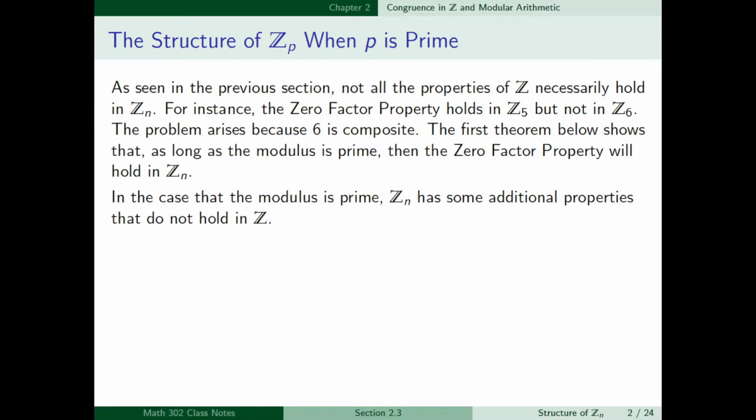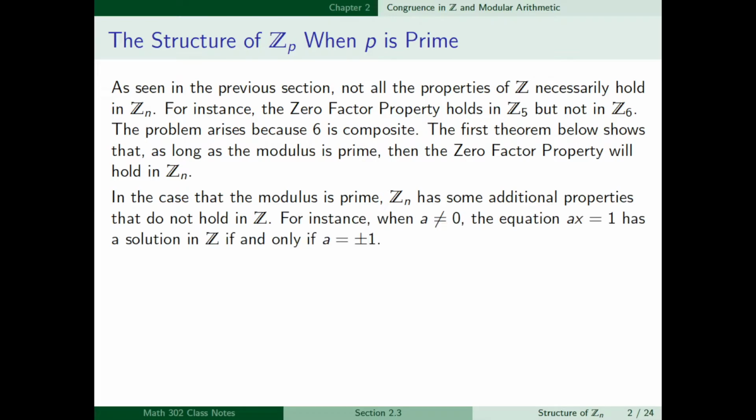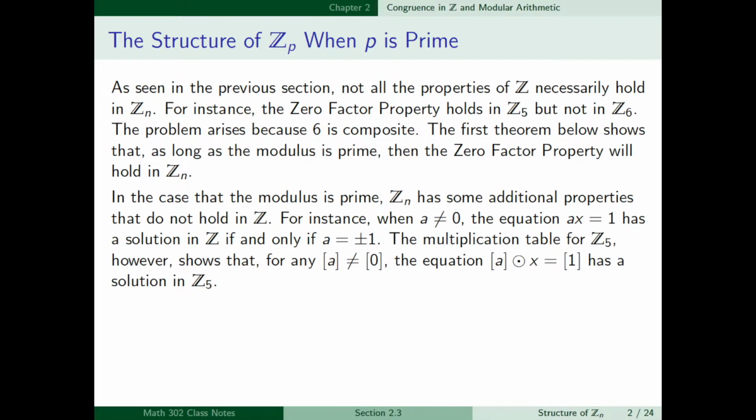In the case that the modulus is prime, Z sub n has some additional properties that do not hold even in Z. For instance, when a is not equal to 0, the equation ax = 1 has a solution in Z if and only if a is plus or minus 1. The multiplication table for Z sub 5, however, shows that for any class of a not equal to the 0 class, the equation a times x equal the class of 1 has a solution in Z sub 5.